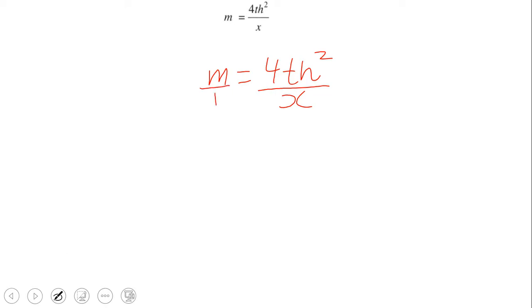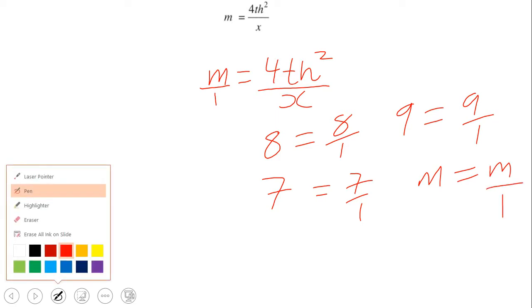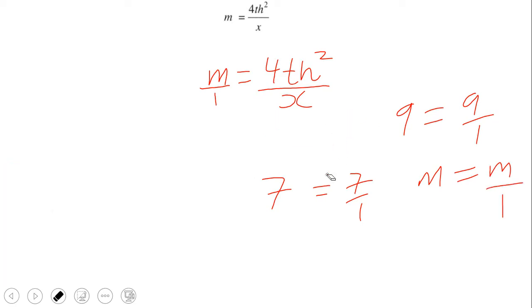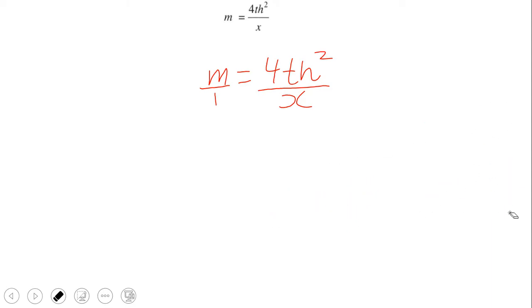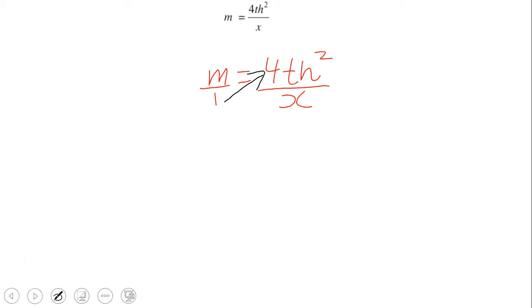And that makes sense because 7 is really equal to 7 over 1, 8 is really equal to 8 over 1, 9 is really equal to 9 over 1. And so m really is m over 1. That doesn't change anything. Even though in the equation they just give us m, we can simply put m over 1. The reason I'm doing that is so I'm able to cross multiply.